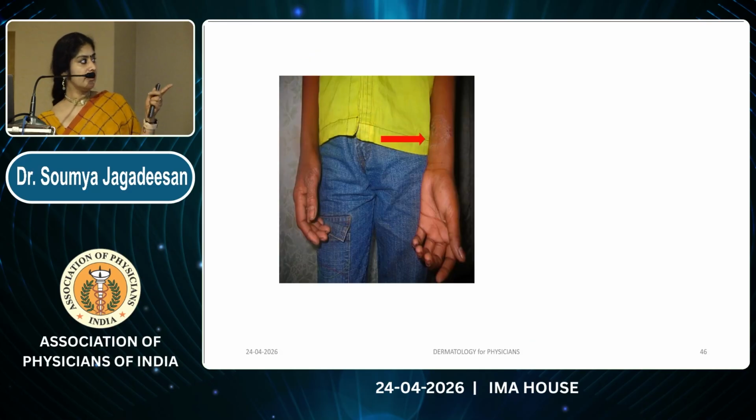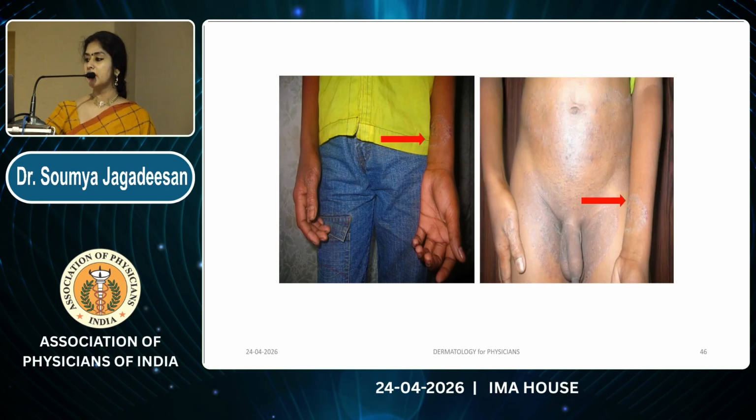So this was treated, I don't know if you can see, but there is an annular lesion on the flexor aspect of the wrist. You don't know, this could be a tinea because it's round, or it could be an eczema, like nummular eczema, which is also round. But when you unclothe the patient, what do you see? Now there is no confusion, right?